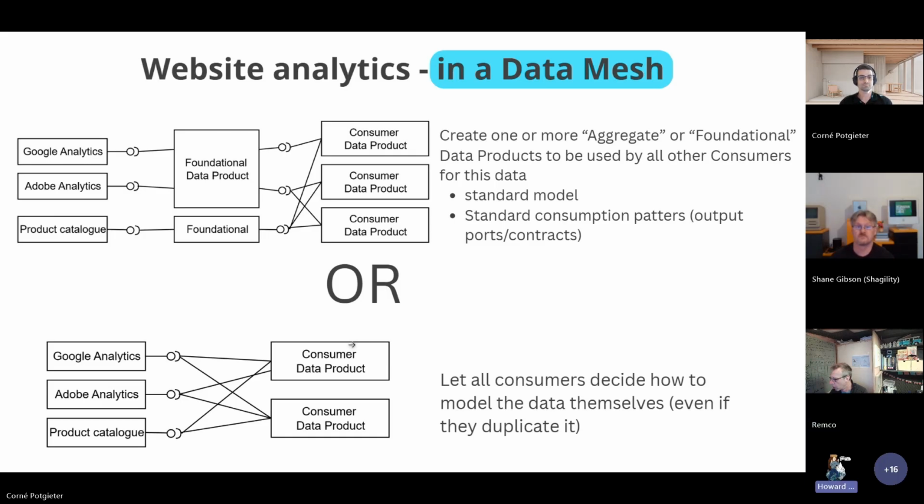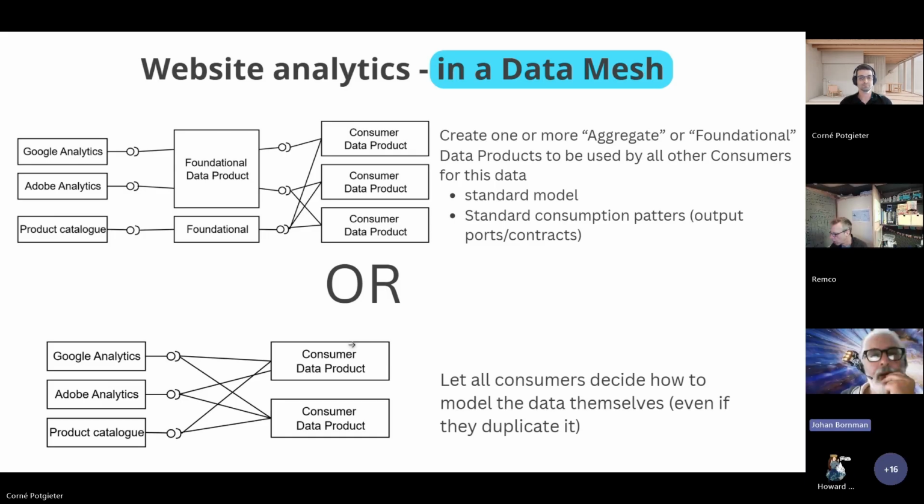All right. Johan? Just latching on to what you said, Howard and Shane, I'm a little bit worried about this fact: say the foundational data product, with their contract, if they can, or not break their contract, but they say, look, we're not going to supply that product anymore.